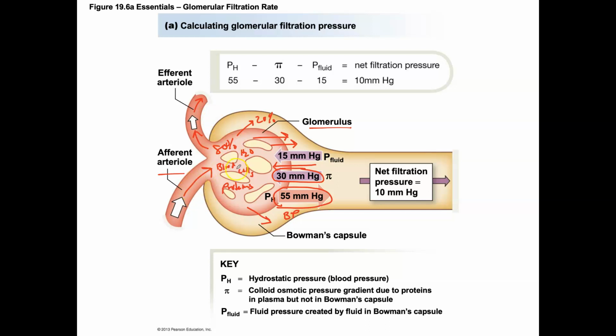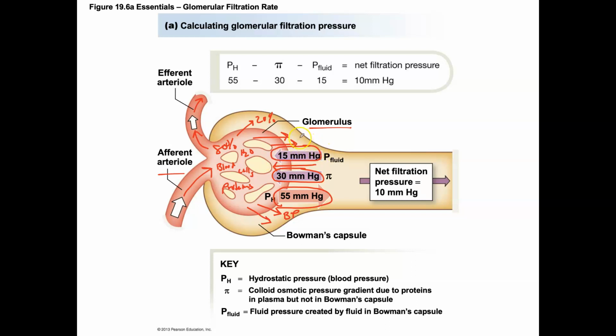So we have blood coming into the glomerulus at a pressure of about 55 millimeters of mercury, and we're trying to push things out. But we also have an osmotic pressure that's drawing fluid back into the capillary system. We also have a capsular fluid pressure, which averages about 15 millimeters of mercury.